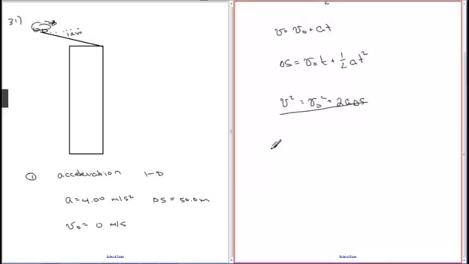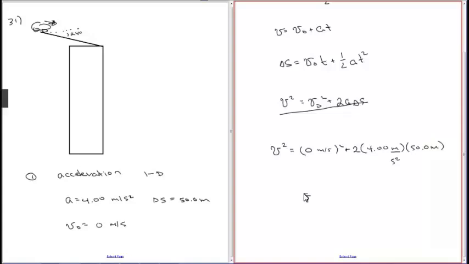We'll say the velocity of the car after it rolls down the hill is V0, which is 0, squared, plus 2 times 4.00 meters per second squared times delta S, which is 50.0 meters. We have three significant figures.